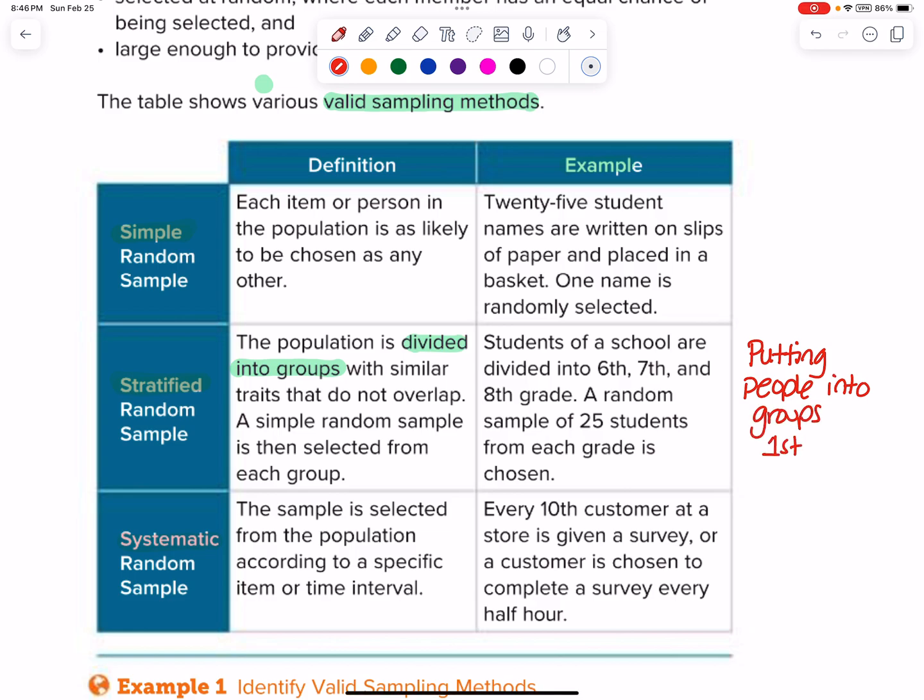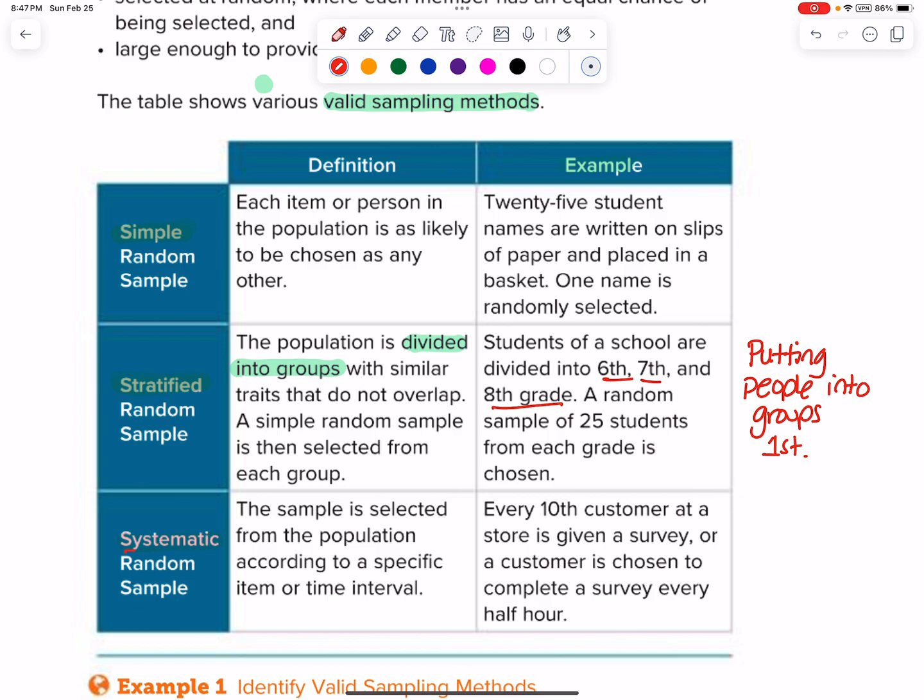You might see 6th, 7th, and 8th graders, and then do the simple random sample. Or you might break people up by ages, and then do a random sample from each one of those ages. It's just putting people in some sort of groups first.